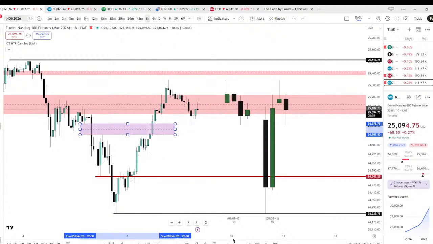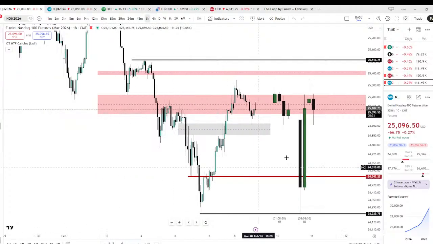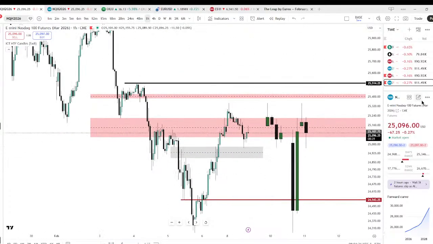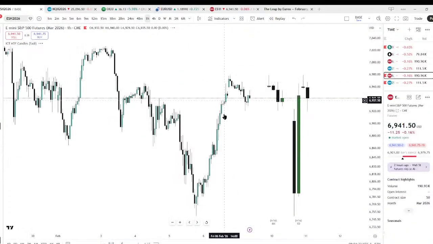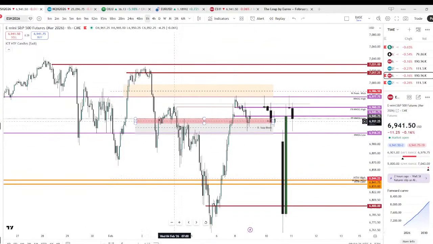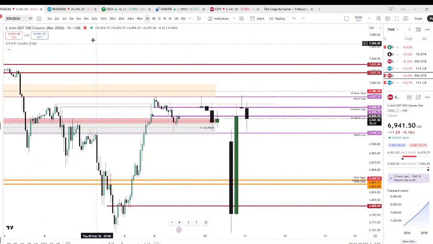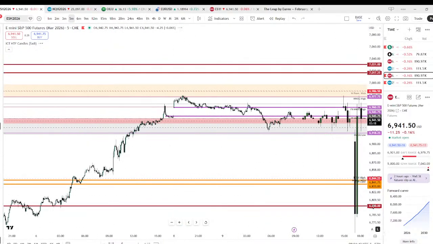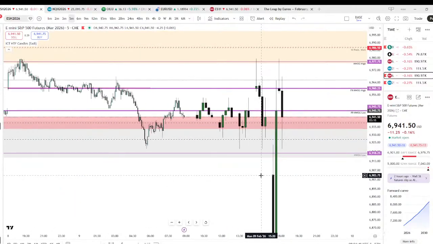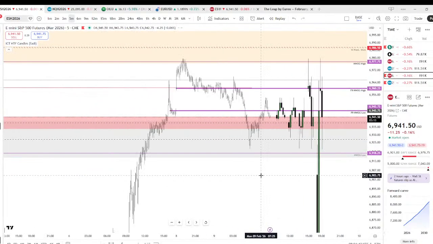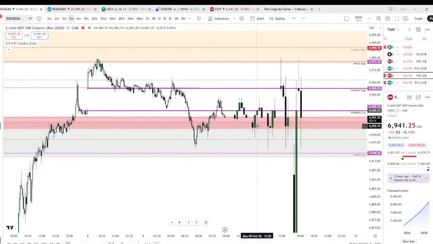So right around the same area, more refined. This area. So yeah, we will leave it at that for now.